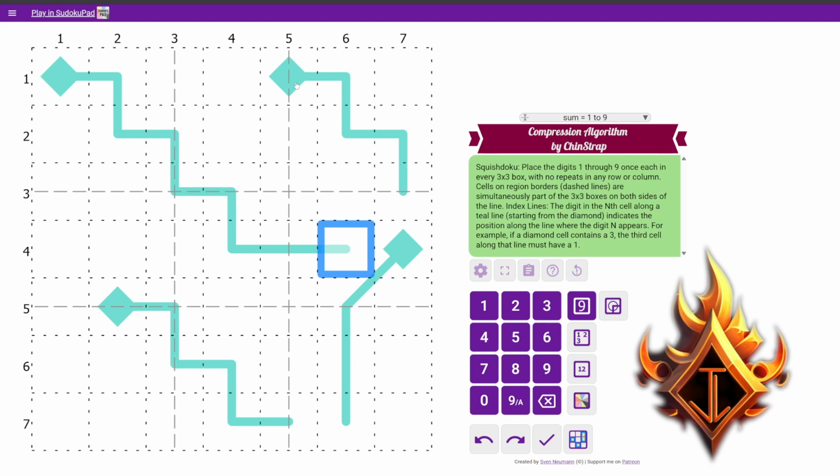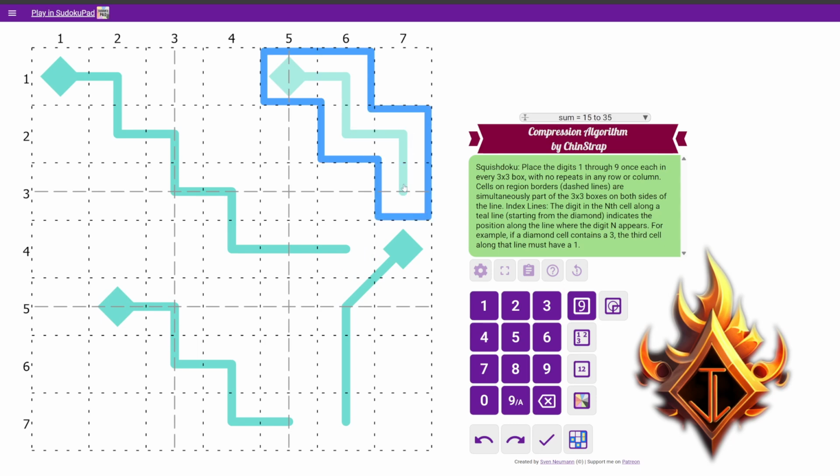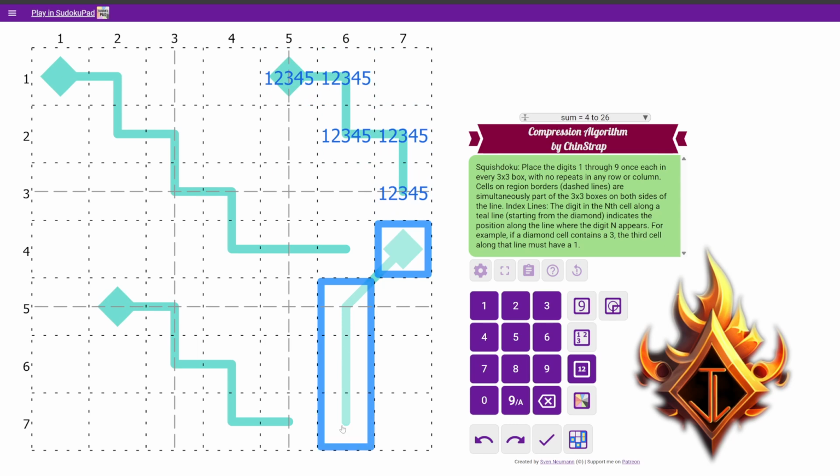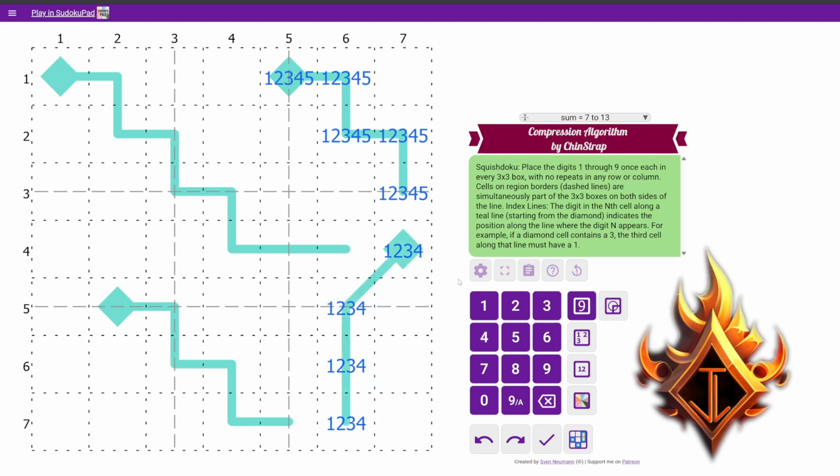But 1, 2, 3, 4, 5. Like these are only 1 through 5. 1, 2, 3, 4. These are only 1, 2, 3, 4. And you can see that that's a combo there.